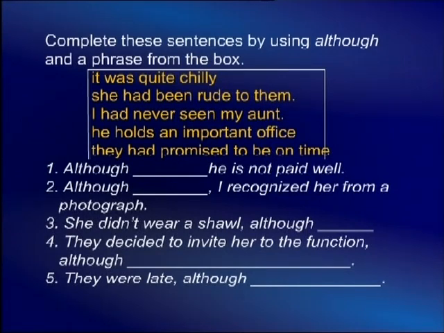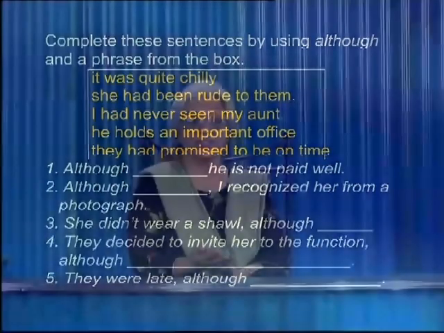And I hope you noticed that the word although comes at the beginning of the sentence. Number 2, although, and then recognized her from a photograph. Very easy. Although I had never seen my aunt, I recognized her from a photograph.